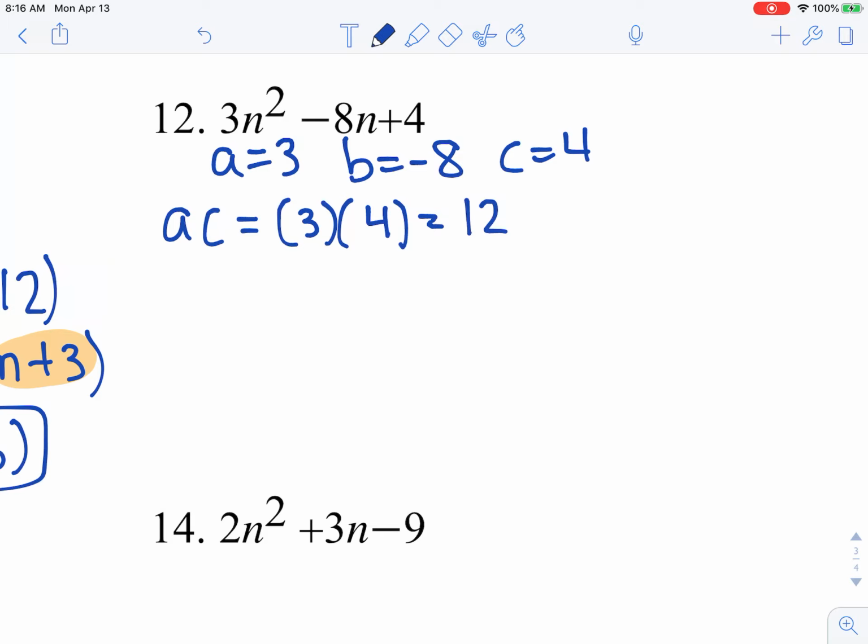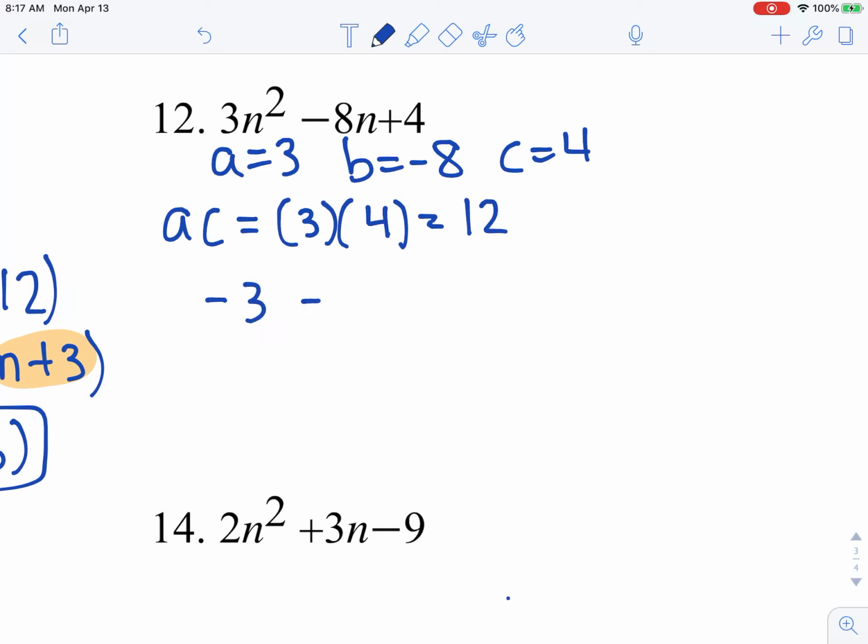I take notice that B is negative, and C is positive. So when C is positive and B is negative, both terms are going to be negative. So I'm looking for factors of 12, both negative, that add up to -8.